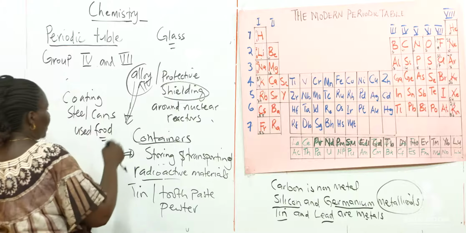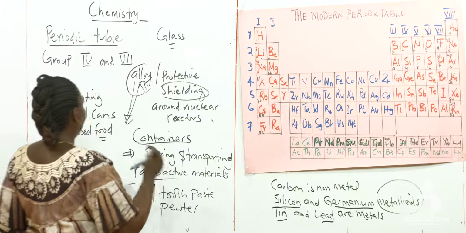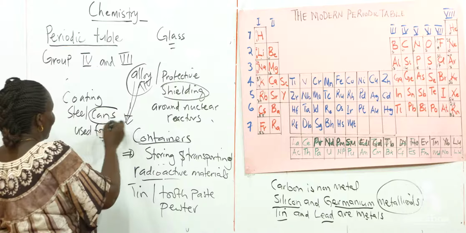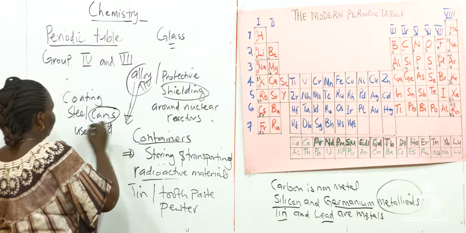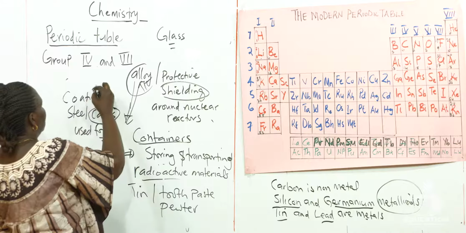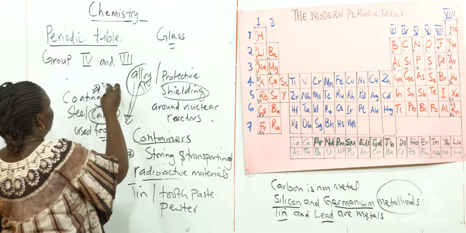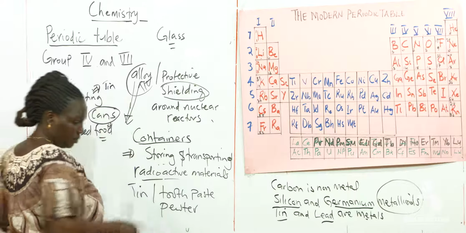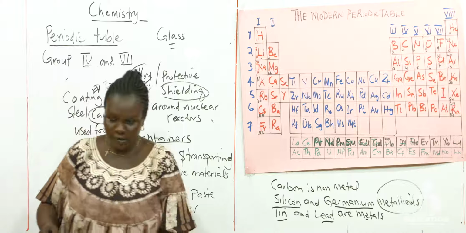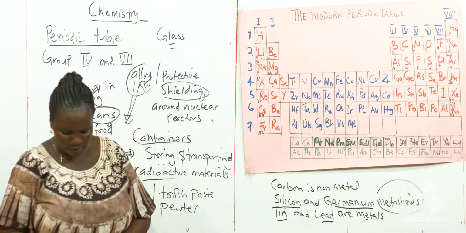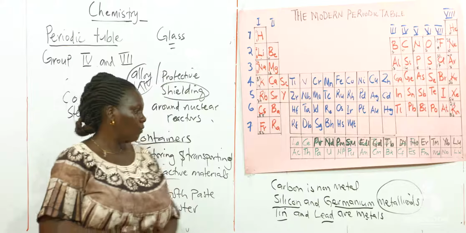So the tiny coat that we see in cans that is used for storage of food, that coating is from tin. So this is mostly about members of group 4.